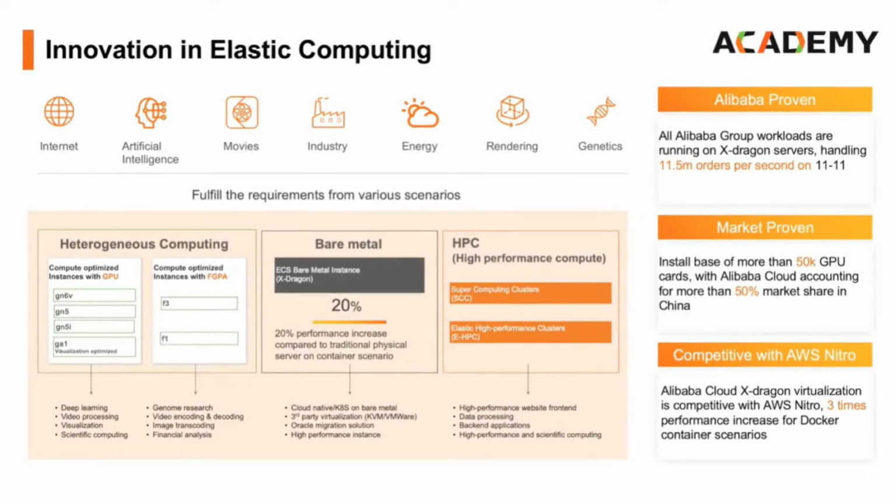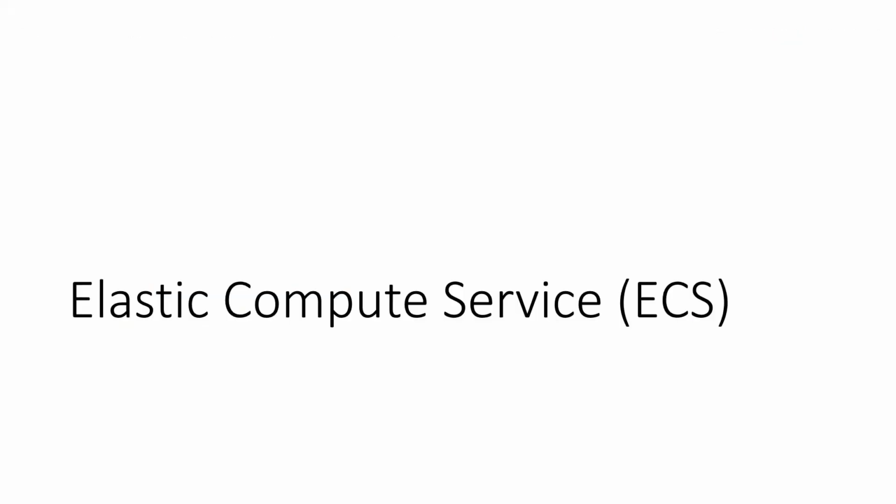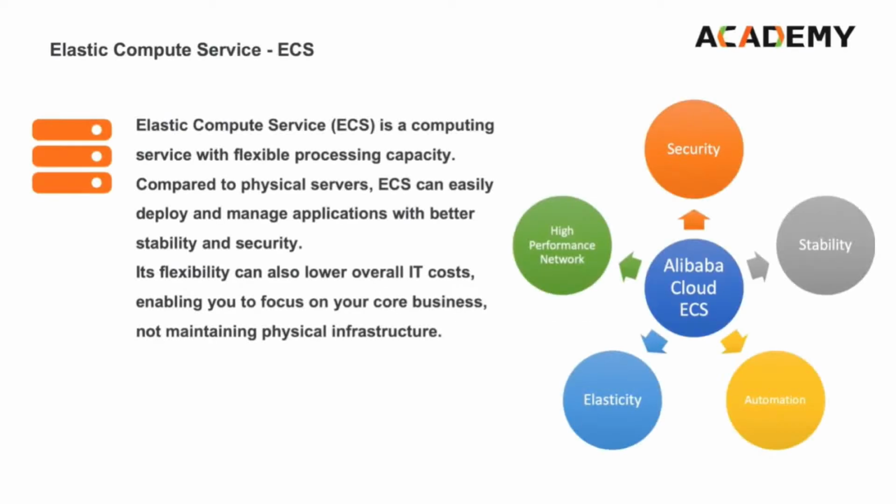They have a lot of achievements in terms of graphics cards and GPU-based computing. As we saw in virtualization, we have GPU-based sharing also, so they do those kinds of things. Now we go directly into the Elastic Compute Service, or ECS, with Alibaba Cloud.